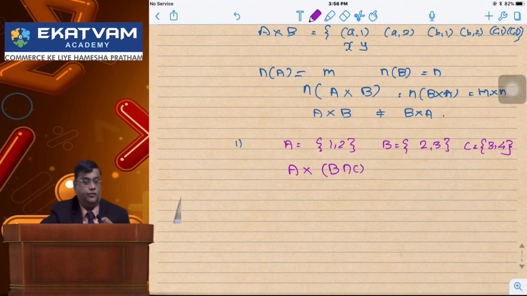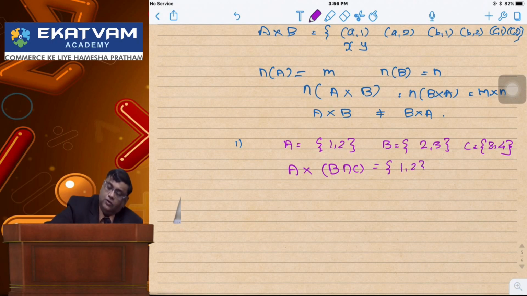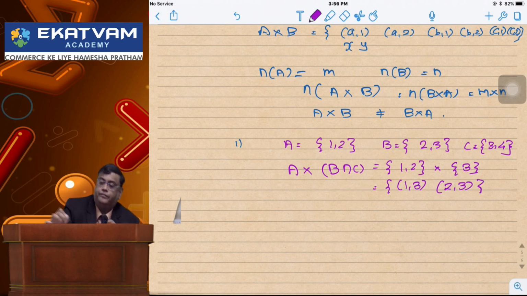Like this, the questions will be asked. So it will be just equal to {1, 2} Cartesian product {3}. And therefore this will be (1,3), (2,3).